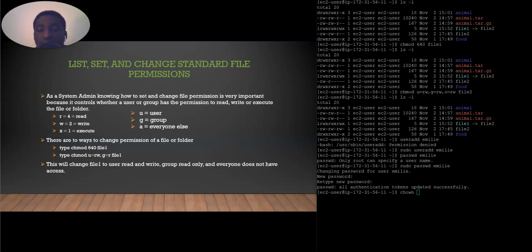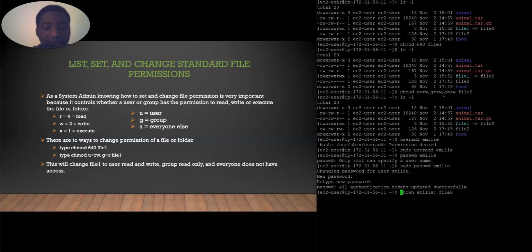To change the ownership of a file, type chown, change ownership, specify the user, and you can specify the group here, and then specify the file that you want to change the ownership to.